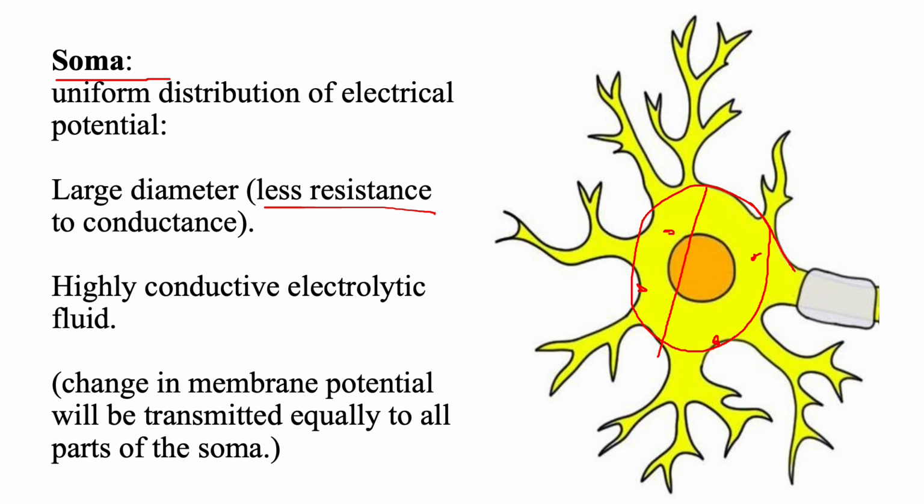For example, a synapse with plus 10 millivolts will change this membrane potential from minus 70 to minus 60 here, and it will be minus 60 here as well, unless there are other synapses. Then we will calculate the summation of these synapses.